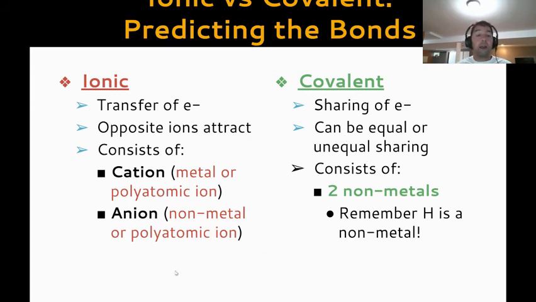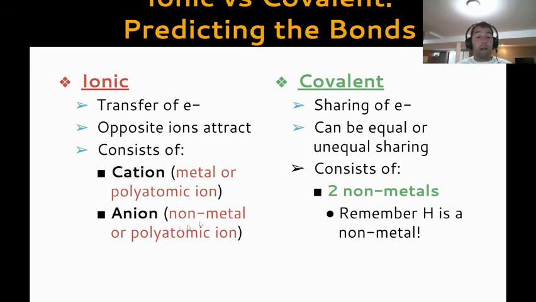Now, in an ionic bond, that bond is between a cation, which is a positive ion, generally a metal or polyatomic ion. And if you don't remember, polyatomic ions are ions that have more than one atom combined together. So for example, OH negative is a polyatomic ion. It has O bonded to an H, and it also has a charge.